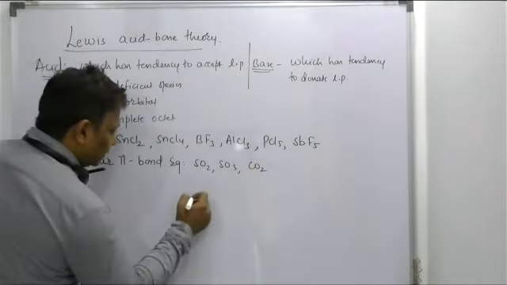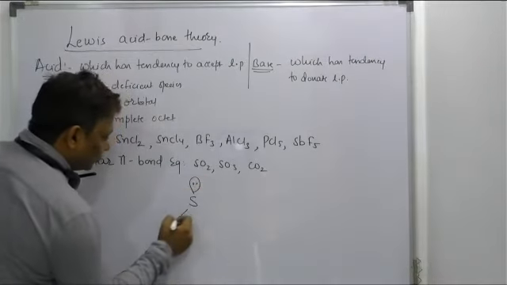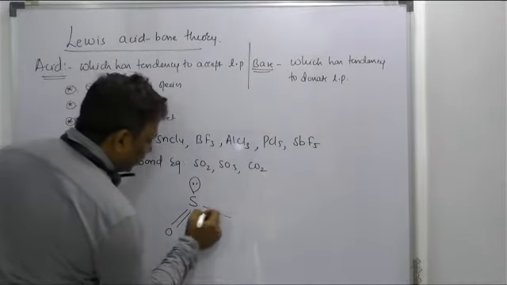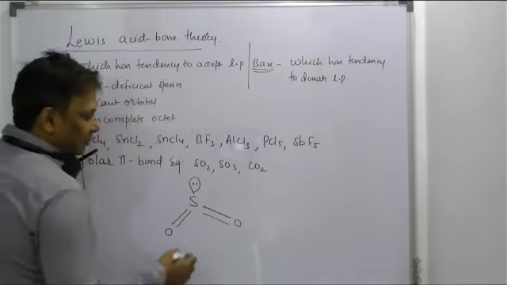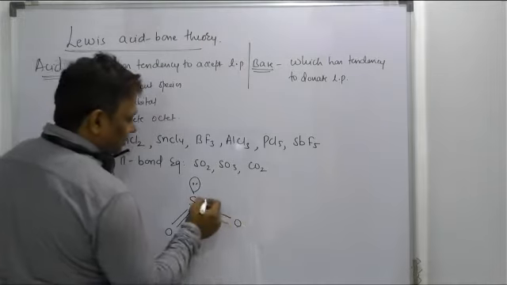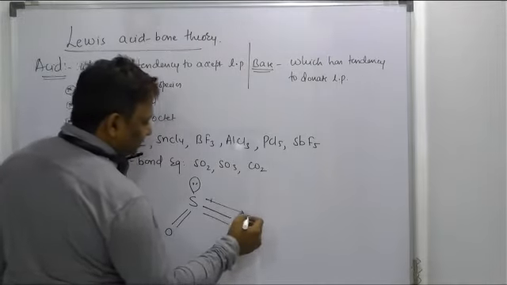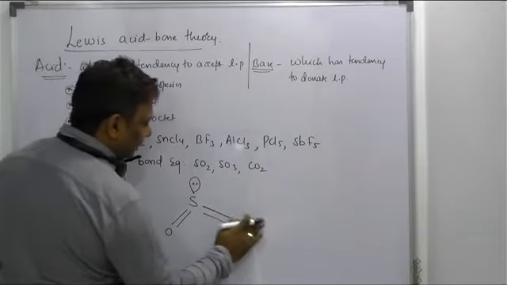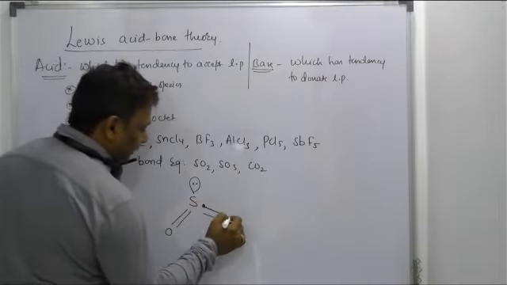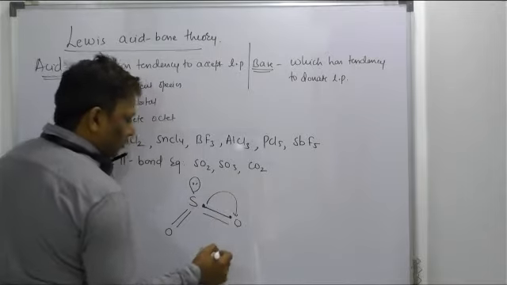Let me show you. This is SO2, S double bond O, S double bond O. Beta, this bond is polar. Why? Because between sulfur and oxygen, oxygen is more electronegative. So oxygen will get a partial negative, sulfur will get a partial positive. This is a pi bond, it will move from sulfur to oxygen.